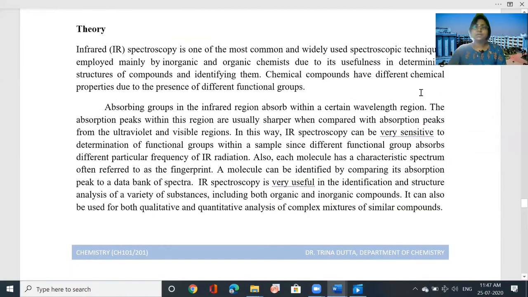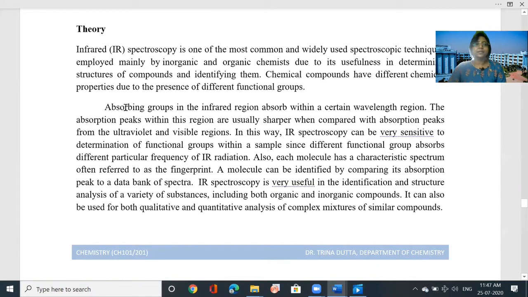Okay, so come to the theory part. Infrared spectroscopy is one of the most common and widely used spectroscopic techniques, employed mainly by inorganic and organic chemists due to its usefulness in determining the structures of compounds and identifying them. Chemical compounds have different chemical properties due to the presence of different functional groups.